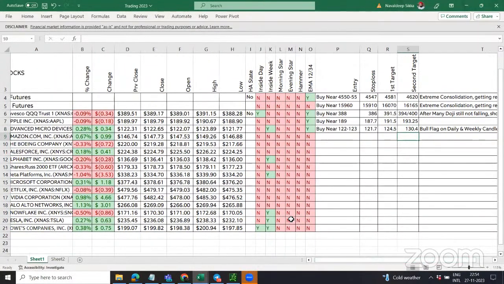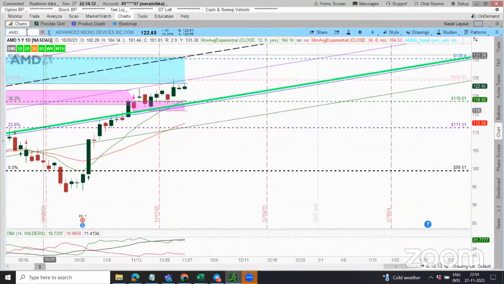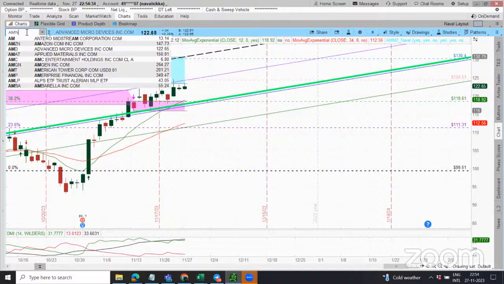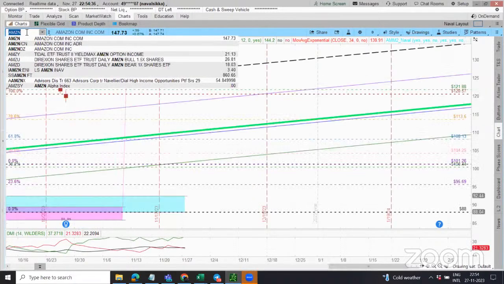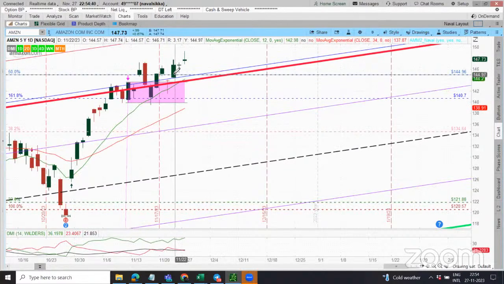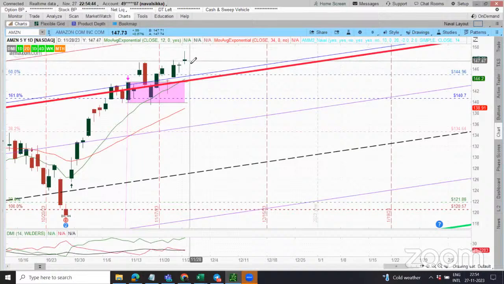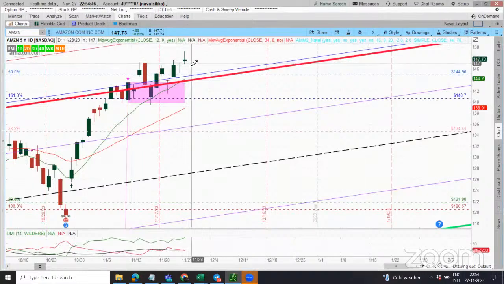Then we have Amazon. Amazon is getting ready for a massive breakout. It was inside day and then the inside day breakout happened. Now it has a doji at the top.